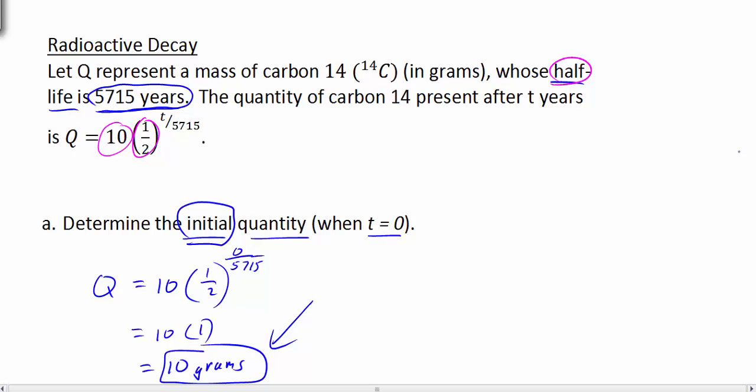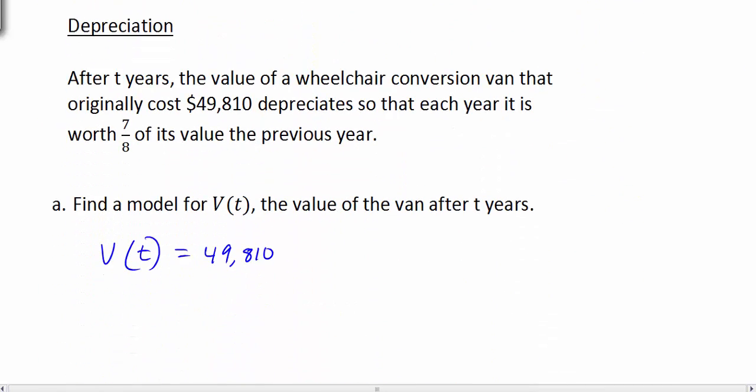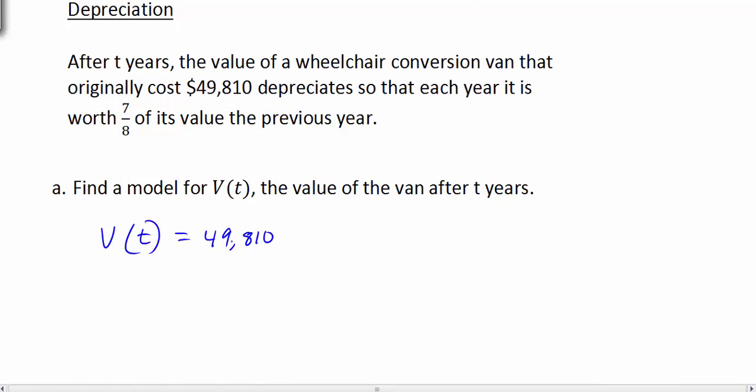So let's see if we can use that same idea down here. The original amount is $49,810, and then instead of the half-life, it says that it's worth 7/8 of its value the previous year. So we're going to use 7/8, and then that's going to be raised to the number of years. That's going to be the formula to represent the value of the van.